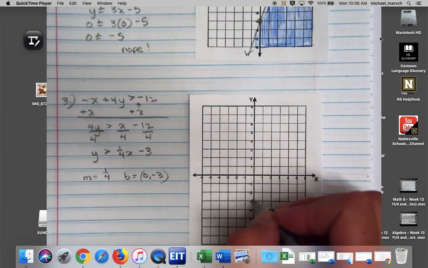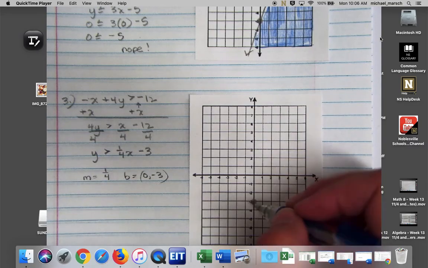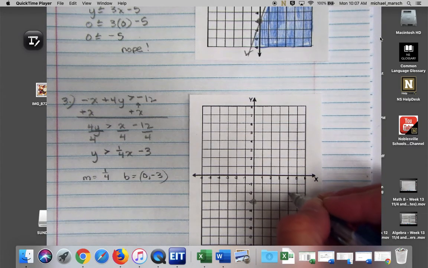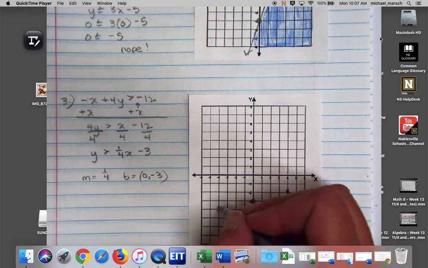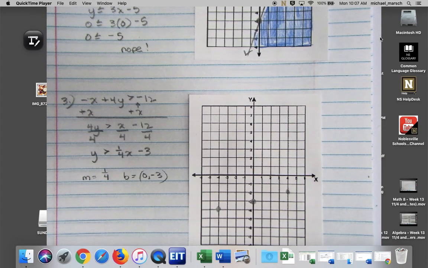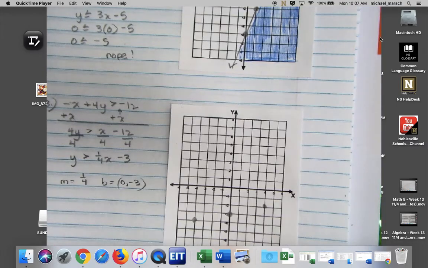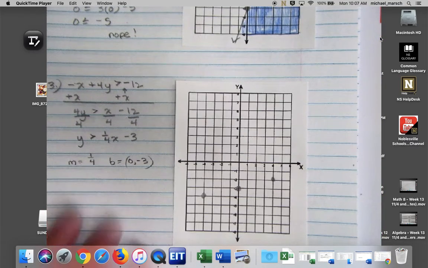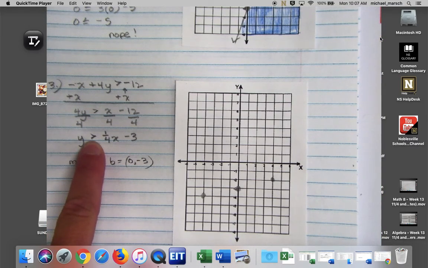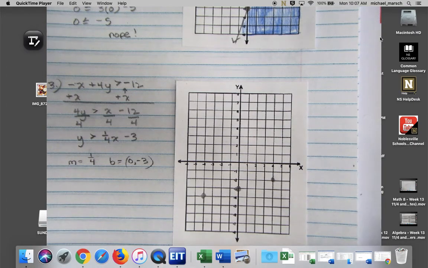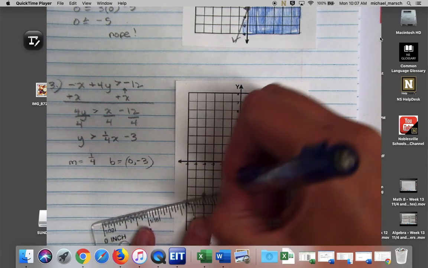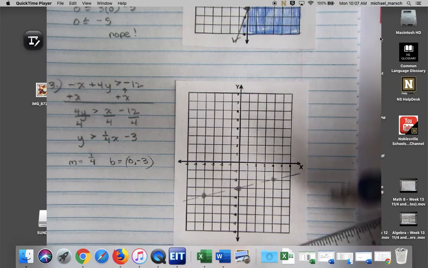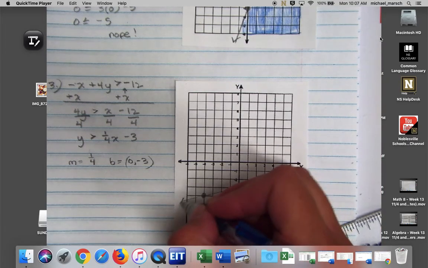So I'm going to plot my y-intercept, and then I'm going to go up 1 over 4, and then I can go down 1, back 4. Looks like I can only fit 3 points on this graph, and that's fine. And then I have to ask myself if I'm going to use a solid line or a dashed line. Okay, hopefully in your head you're thinking, dashed, Mrs. Marsh. I know it's a dashed line, and you're absolutely correct. So you're going to put those dashed lines in there.